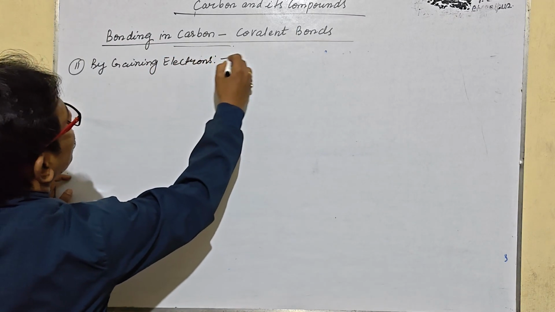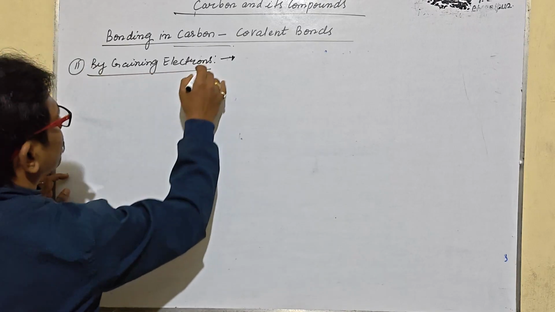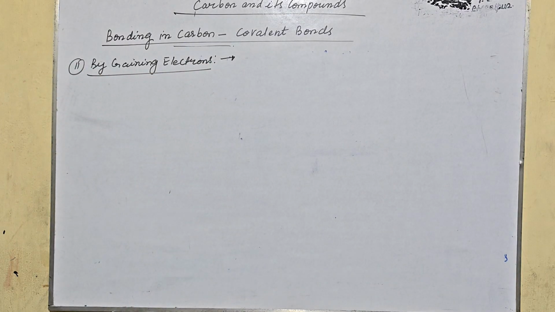So this is the second point on covalent bond, by losing electrons or gaining electrons by carbon.